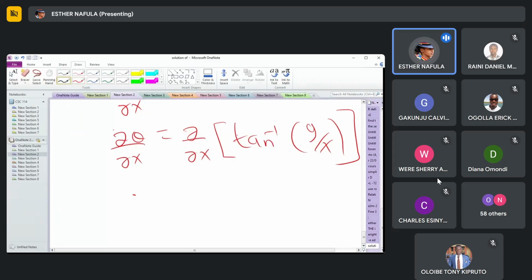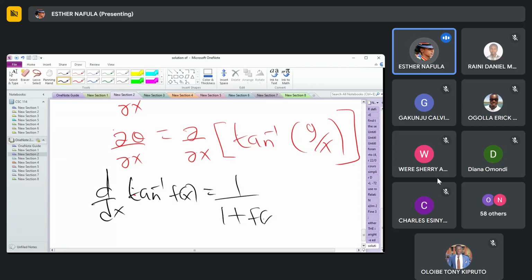Let me just remind you, again, there's no harm in reminding you severally that d dx of tan inverse of a function f of x is given as 1 divided by 1 plus f of x, the whole function squared, times d dx of f of x. So when you're using partial derivatives, you only need to change the symbol from total derivative to partial derivative.